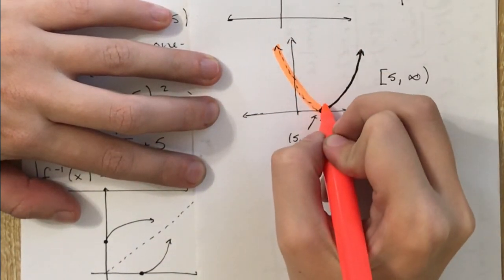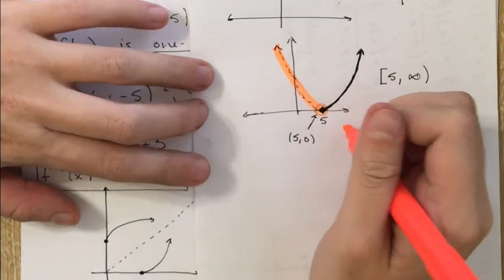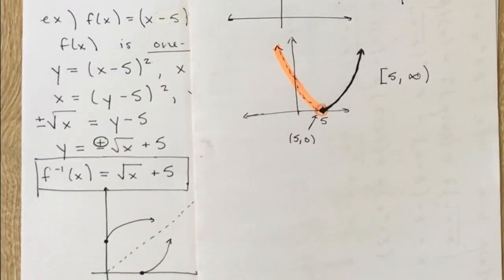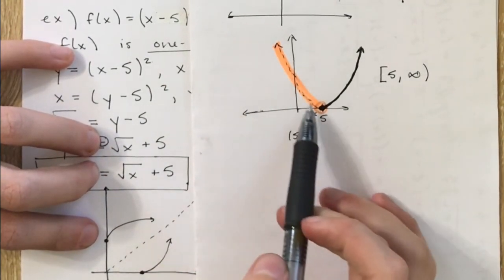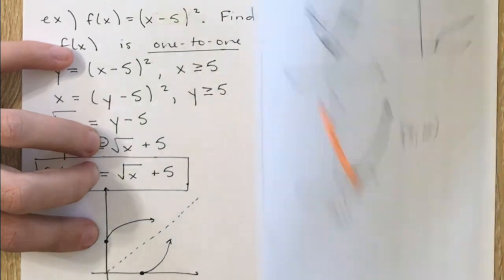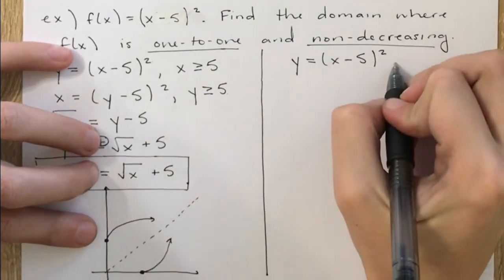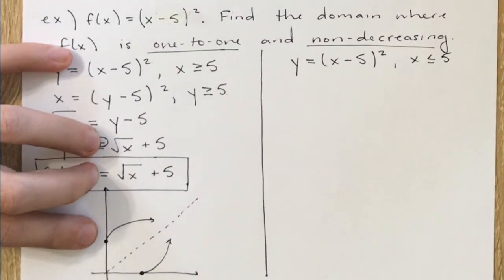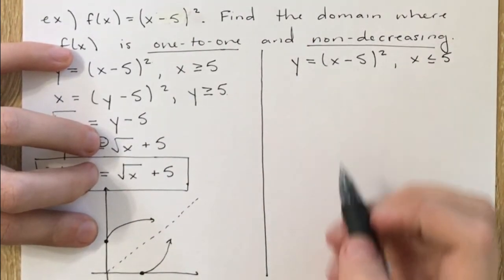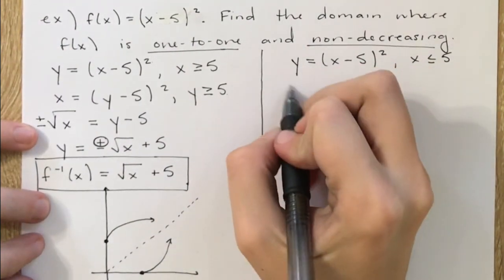And again, we would still want to include x equals 5 because that part is neither increasing nor decreasing. So that is all the x values up through 5 and including 5, which we can write as x is less than or equal to 5. And then we follow pretty much all the same steps. We swap x and y.